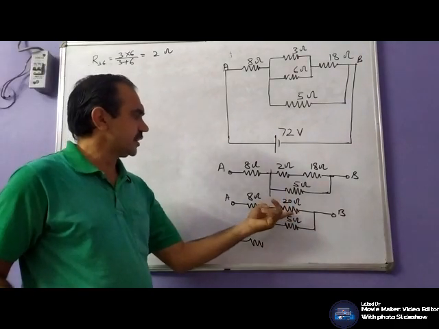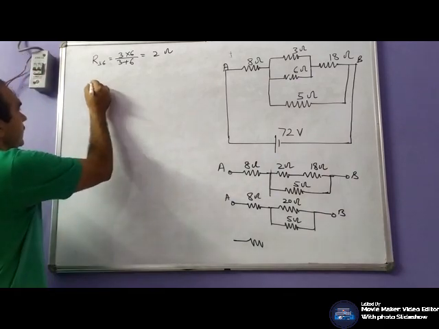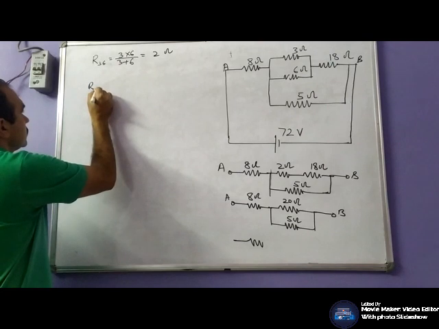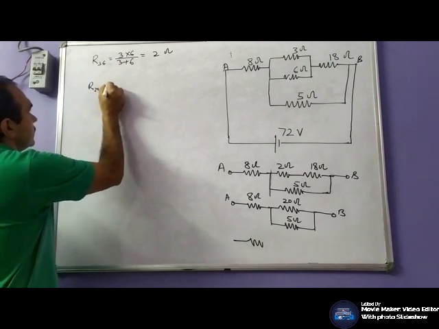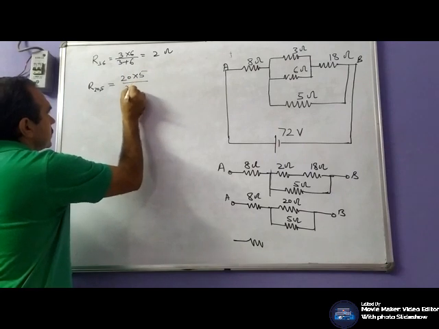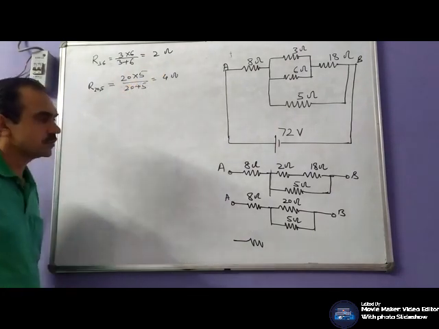this 20 and 5 ohm are connected in parallel, so the resistance is 20 into 5 divided by 20 plus 5, which is 4.